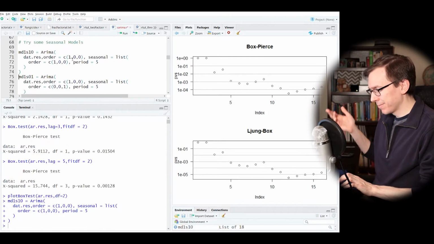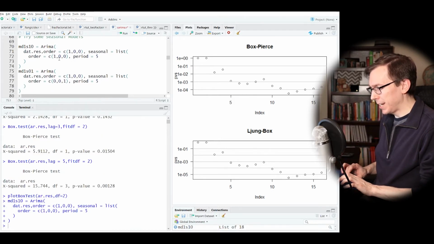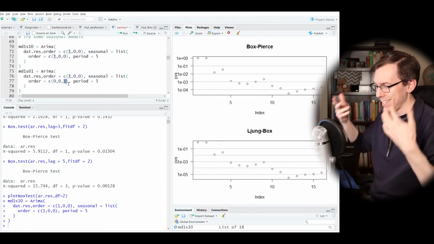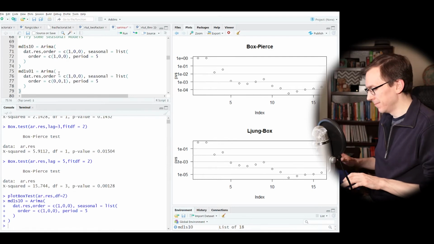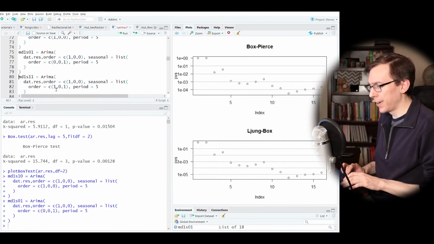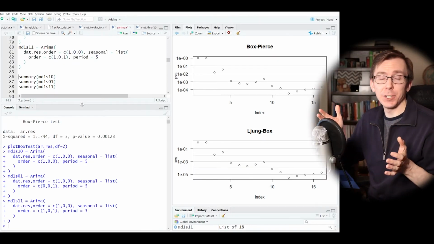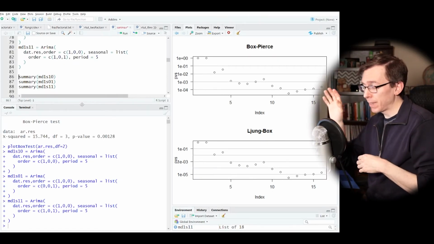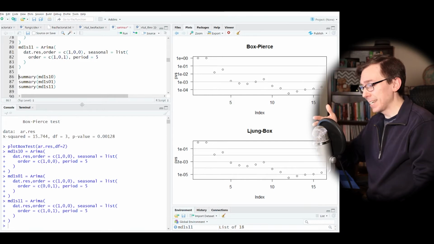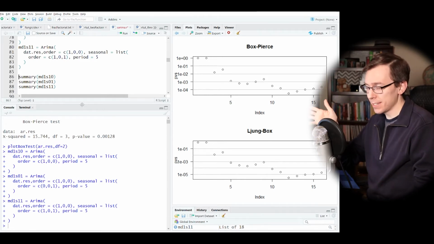Right, so we can fit that. Then I do the same thing, but I change my AR1 seasonal model to an MA1 seasonal model. And then we do a seasonal ARIMA 1 here. So I'm basically doing the same models as before, except I'm doing them seasonally rather than non-seasonally.